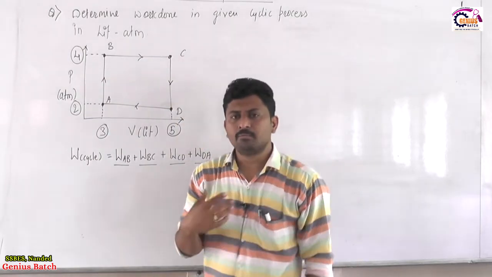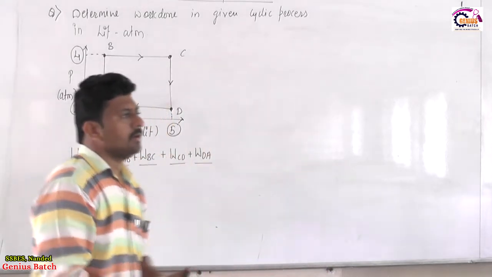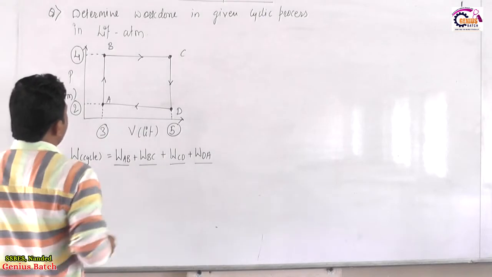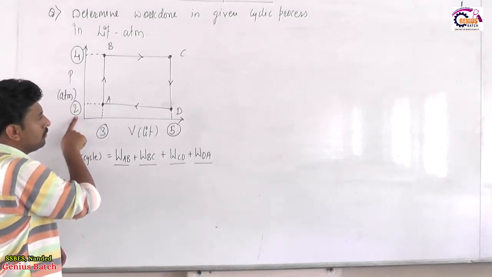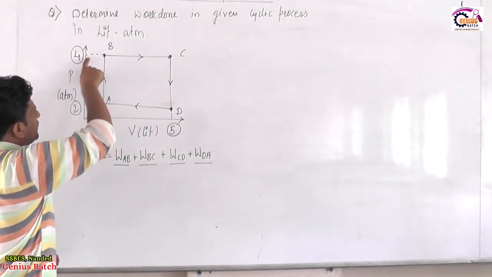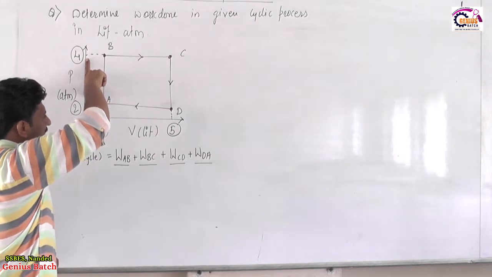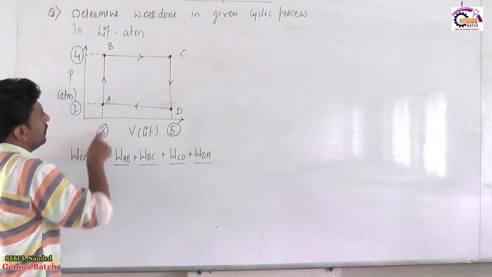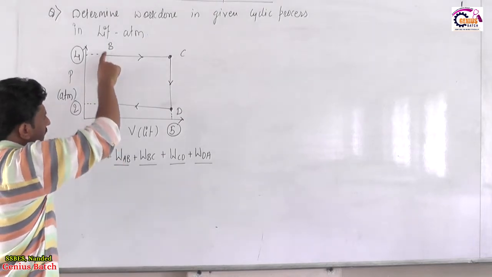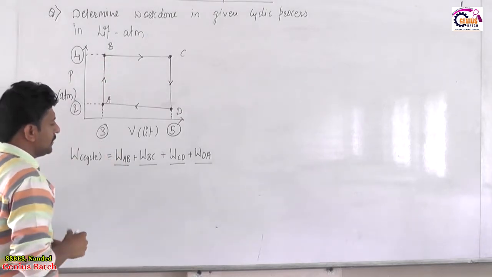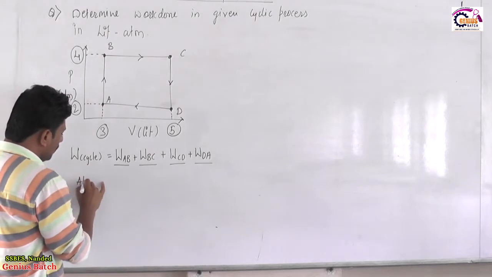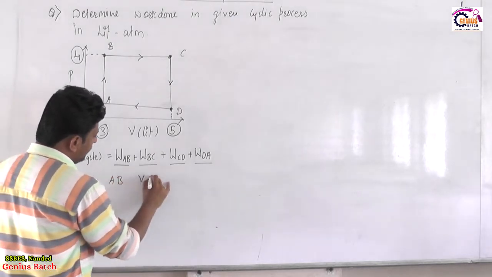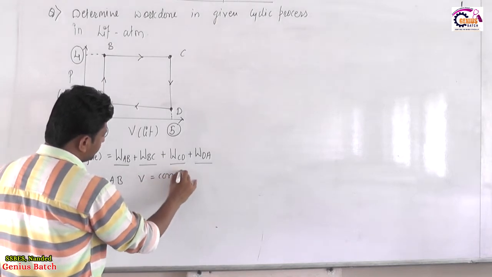Now for this particular change of AB, A to B, the value of pressure at A is 2 and at point B it is 4. So pressure is changing. Volume at point A is 3. Volume at point B again is 3. So we can say along AB, V is constant.